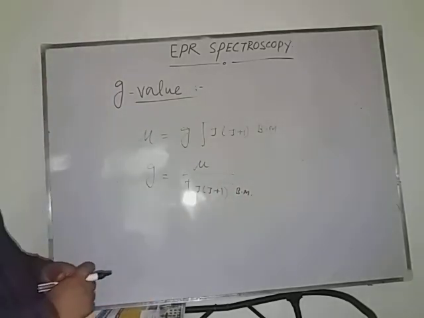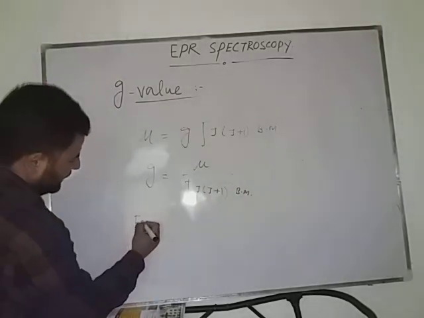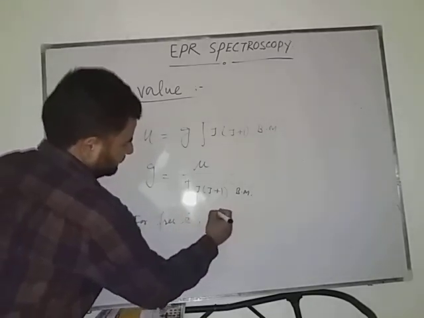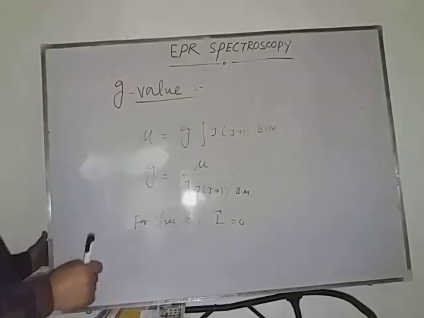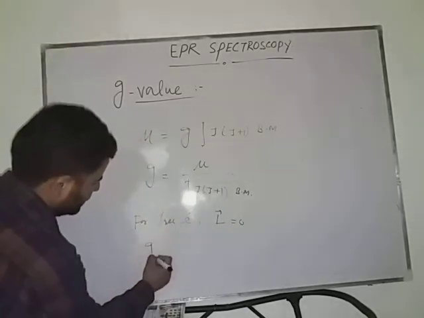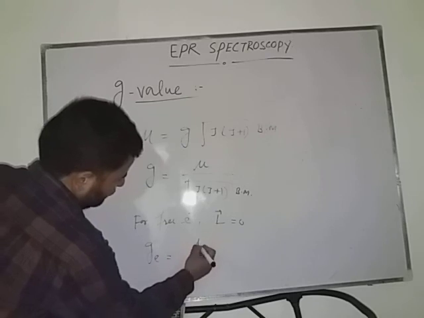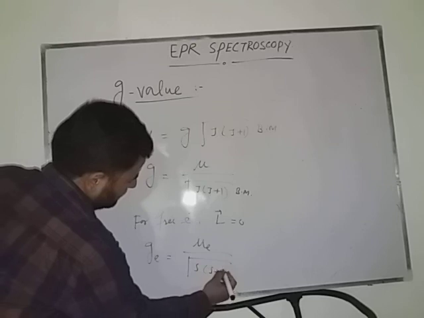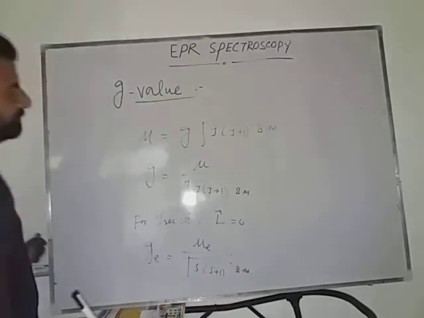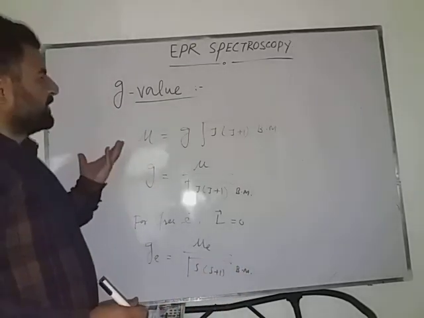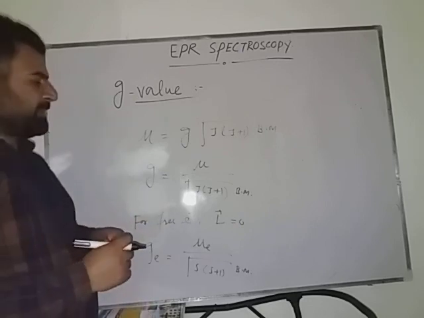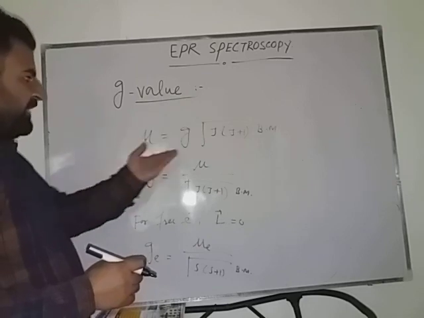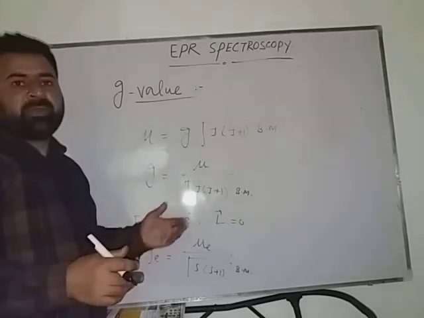But for a free electron L will be equal to 0, so we can also write G is equal to g_e is equal to mu_e divided by under root of S into S plus 1 Bohr magneton. So this is the representation of how we can show the relation between G and these different angular momentum quantum numbers.